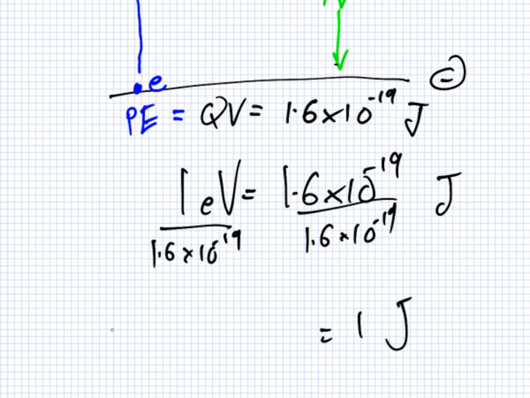And on the left, you'll get 6.24 times 10 to the 18 electron volts. So a joule is a lot of electron volts of energy.